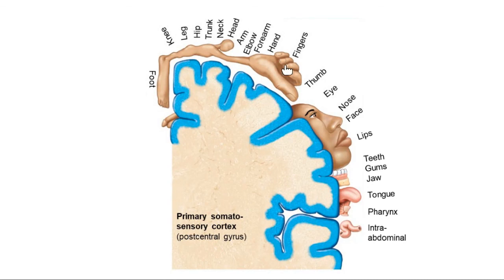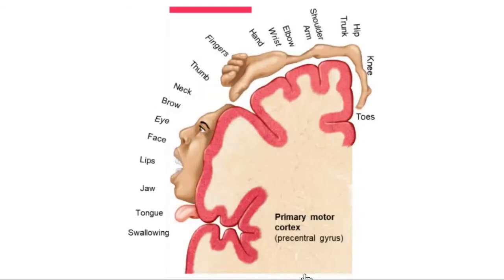If you receive a lot of sensory information, you can process a lot of things. If you receive just a little sensory information, you're not going to be able to process it very much. You're not really sure what's going on. If you send out a lot of motor information, you can do a lot of different things. If you don't send out a lot of motor information, you can't do very much. So it's all about the number of neurons, or the amount of information that goes to somewhere or comes back from somewhere.